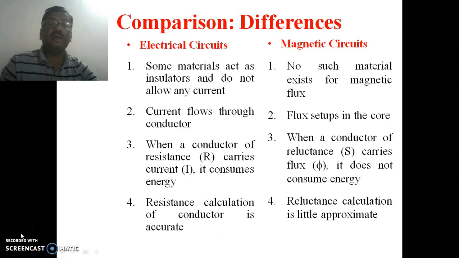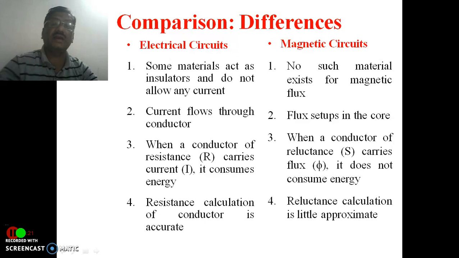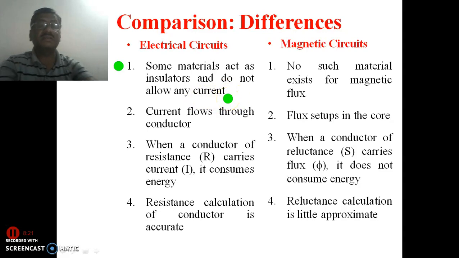Now, going to the next topic, which is again comparison, but here we are going to study the difference between the electrical circuit and the magnetic circuit. The first comparison point is that some material acts as an insulator and does not allow current to flow through it. Such materials are known as insulators in the electrical circuit, for example plastic and wood.